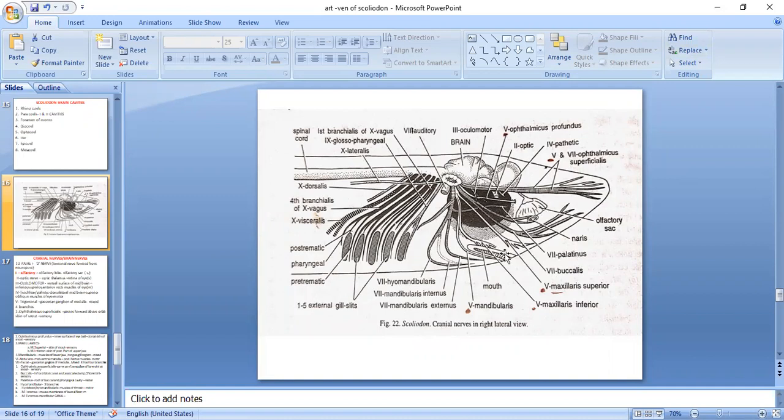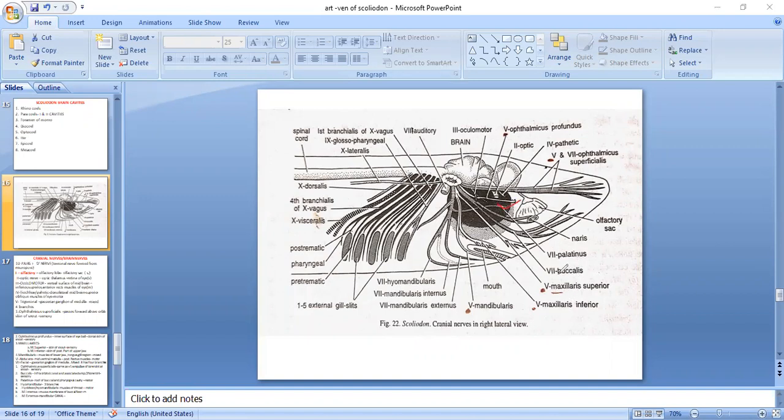We call the seventh buccalis and maxillaris superior. Sorry. Yeah, these two are combined. Okay. So anyway, here is the seventh palatinus. Seventh palatinus, this one.